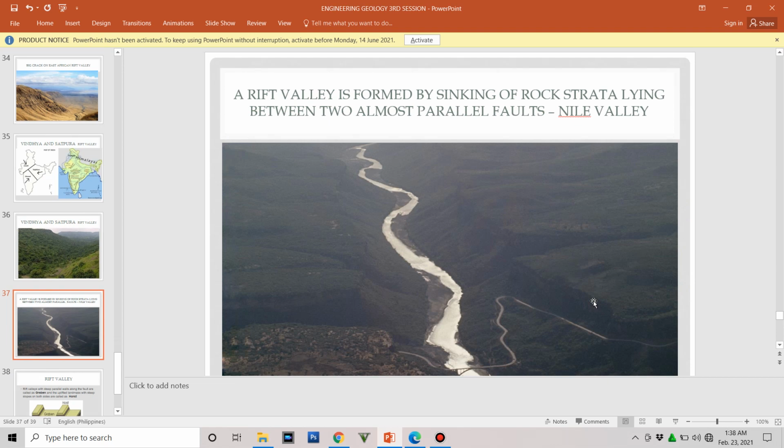So next, so another Rift Valley is formed by sinking of rock strata lying between two almost parallel faults is the Nile Valley. So the Nile River is the longest river in the world. So it is called the father of African rivers. Okay.